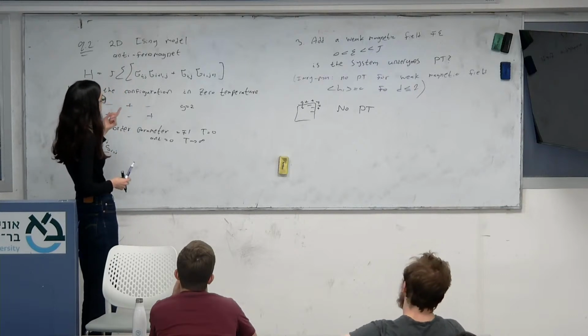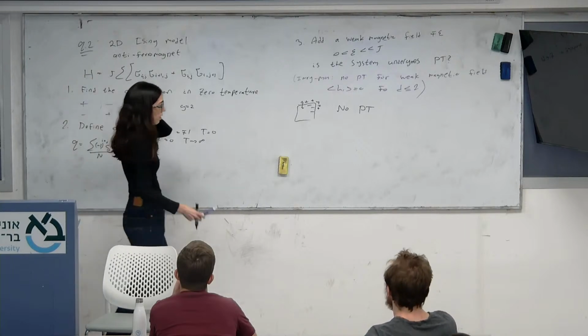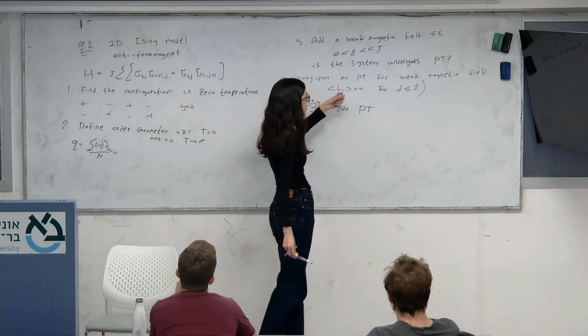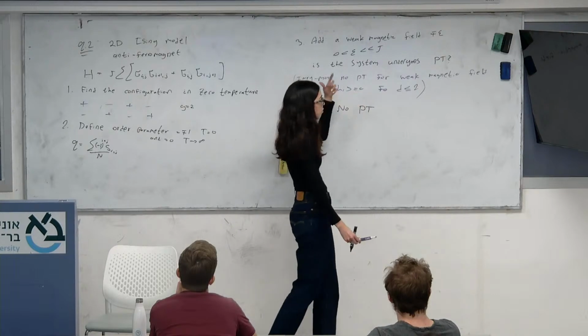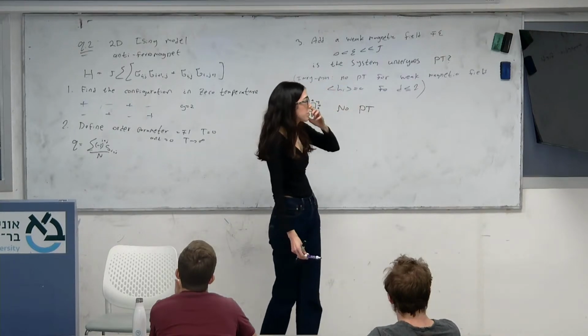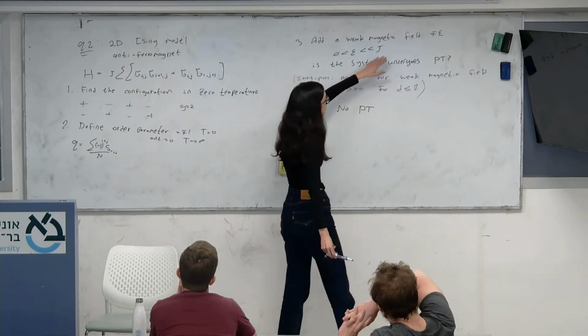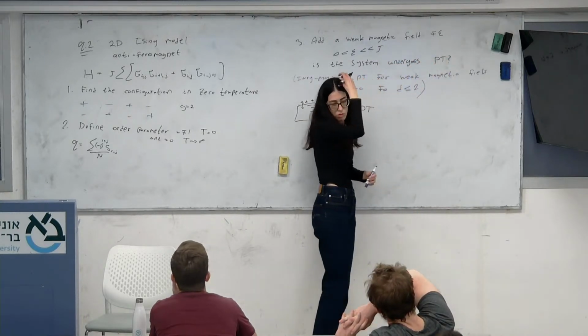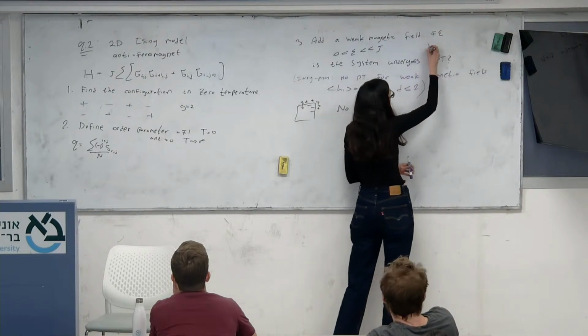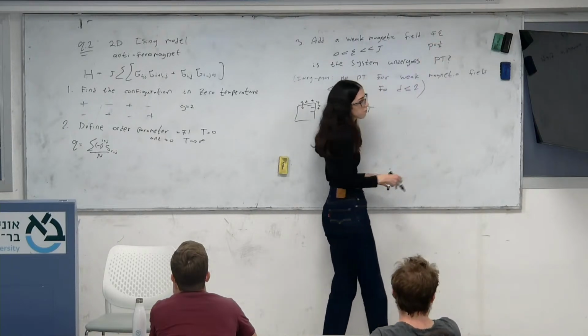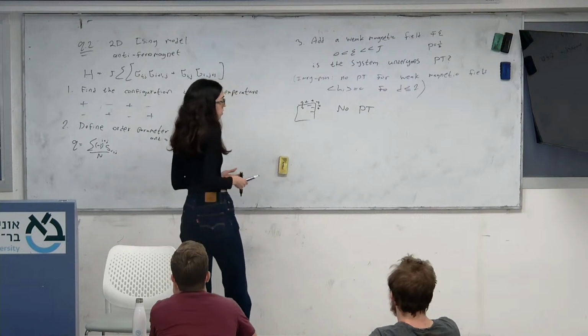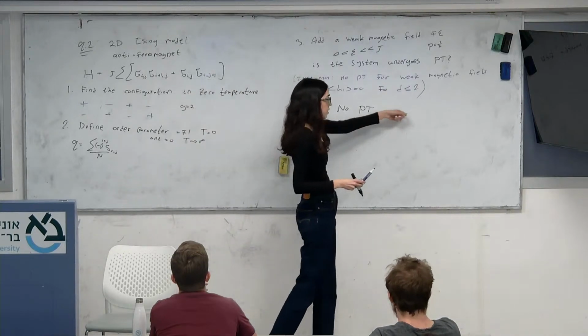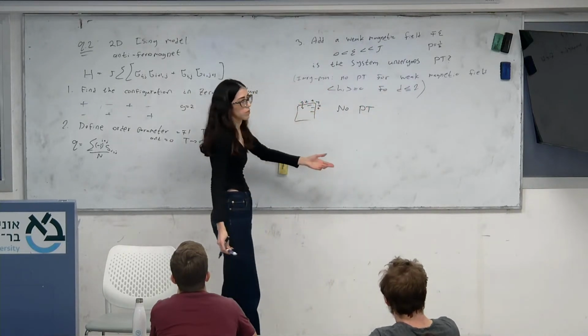If we work in a dimension larger than 2, we need to take into account the average of the field. There are a lot of questions of that type, and in that case it's easier because it's plus or minus epsilon, I don't know if it's in the question, with probability half. So the average is 0, and if we had a 3-dimensional system, we would have a phase transition.